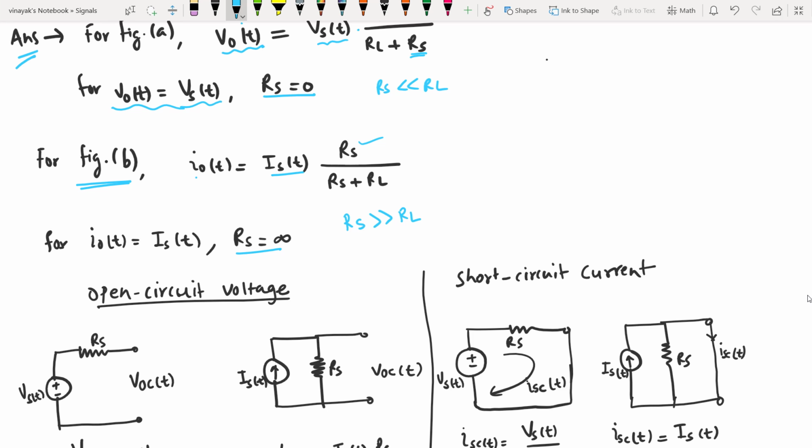In that case, we can say that VO of t would be approximately equal to Vs of t, and IO of t, the output current, would be approximately equal to Is of t. That should be the design condition if we want to match these two currents in terms of a current source, and match these two voltages in terms of a voltage source.